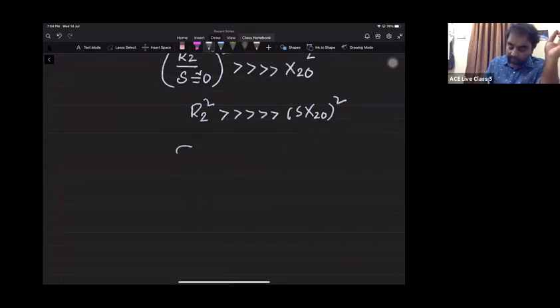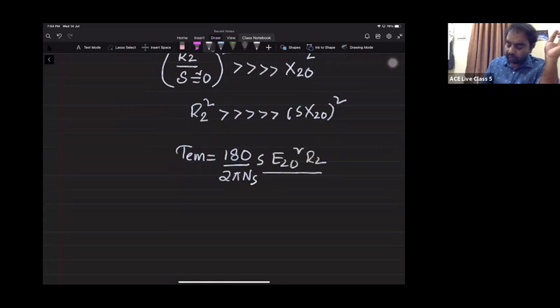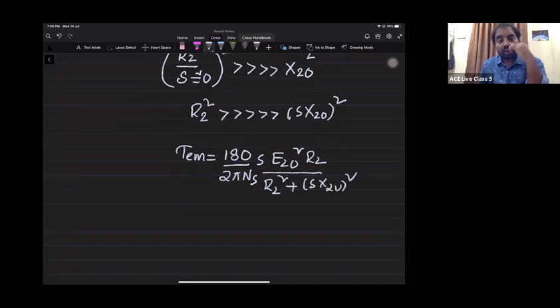See, I have this torque equation: 180 by 2 pi Ns, S E2 naught square into R2 by R2 square plus (S X2 naught) whole square. So what is the meaning of R2 square being much greater?